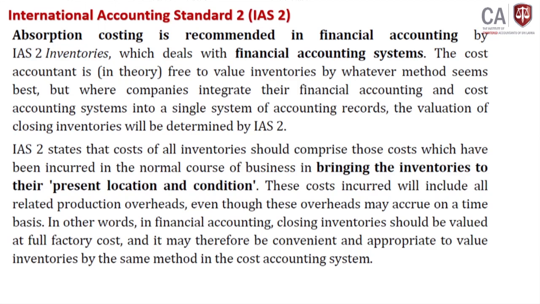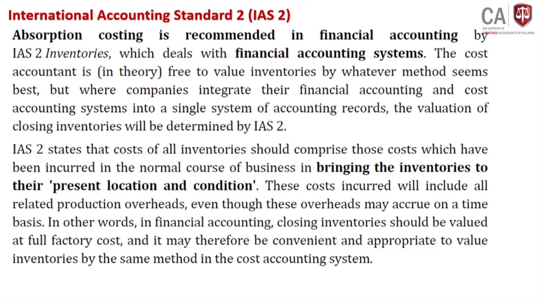In your organization, if you have the cost accounting system and financial accounting system integrated in one system, the standard says cost of inventory should be the cost incurred to bring the inventories to their present condition and location.